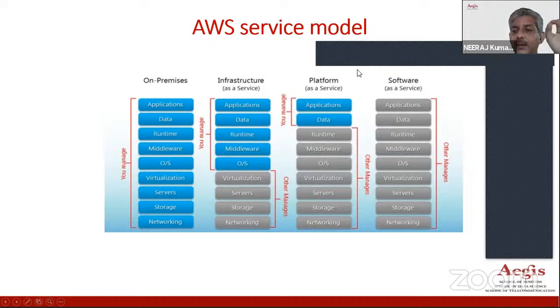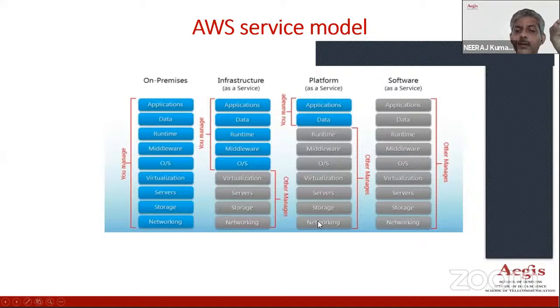SageMaker, specifically, today's session is about SageMaker. So SageMaker is a platform as a service provided by AWS to all data scientists. When I say platform as a service as SageMaker, then you just bother about your application and data. The rest is all managed by SageMaker, like runtime, middleware, operating system, virtualization, server, storage, networking.